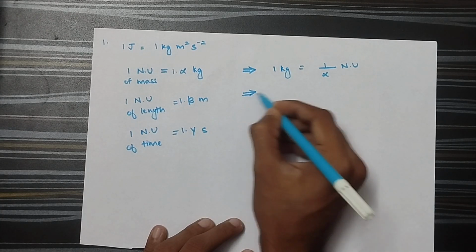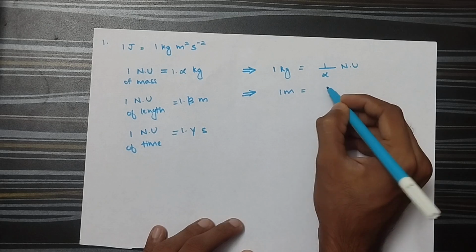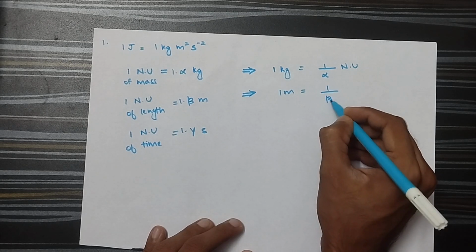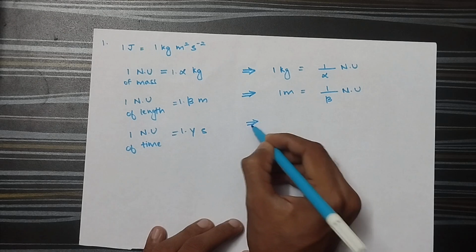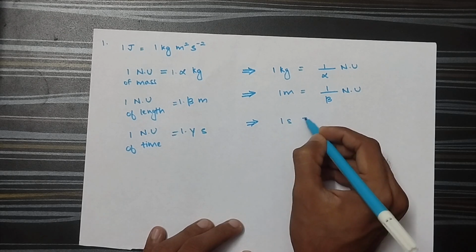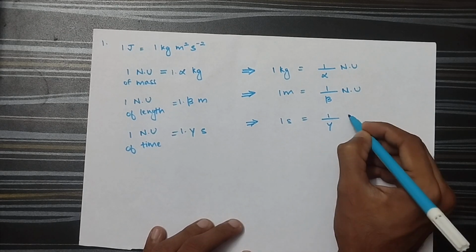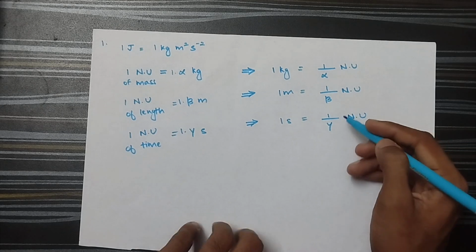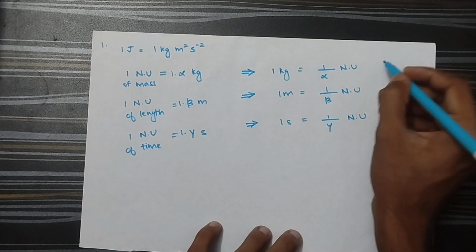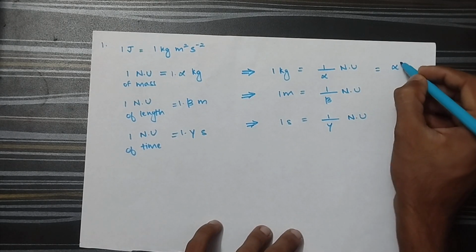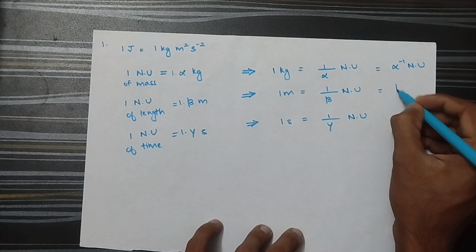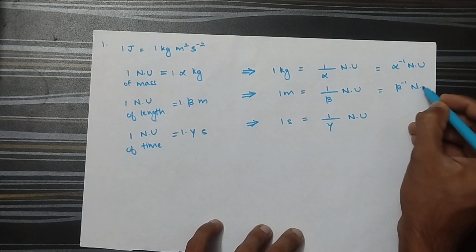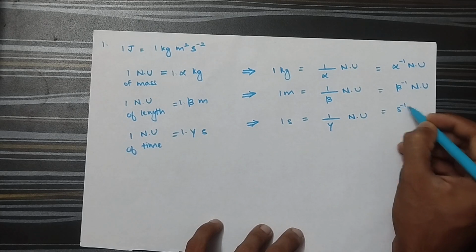So we can say 1 meter would equal 1 divided by beta new units, and 1 second is equal to 1 by gamma new units, right? What is 1 by alpha? We can write it in the exponential form: alpha inverse new units, or beta inverse new units, or gamma inverse new units.